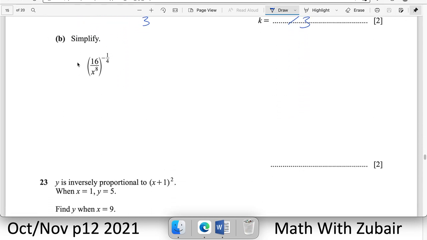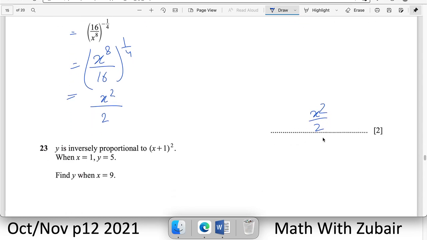B part. First of all, negative power, so you take the reciprocal of this. X power 8 is 16 and the power is positive. Now power multiplies with power. 8 into 1 by 4 is 2 and the fourth root of this is 2 again. So x squared by 2.